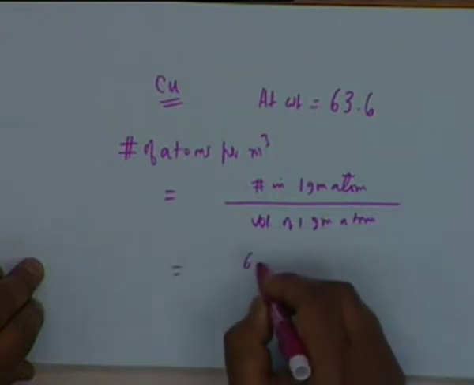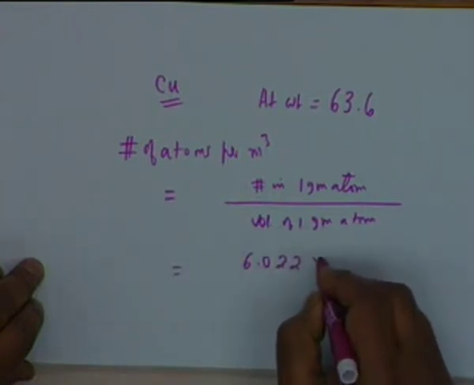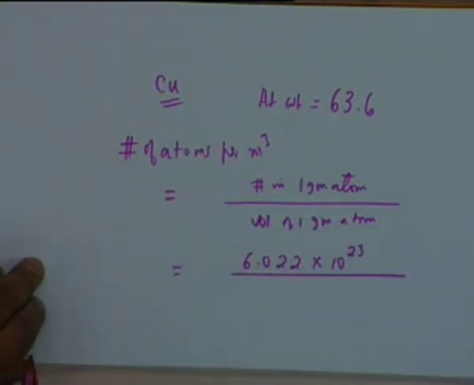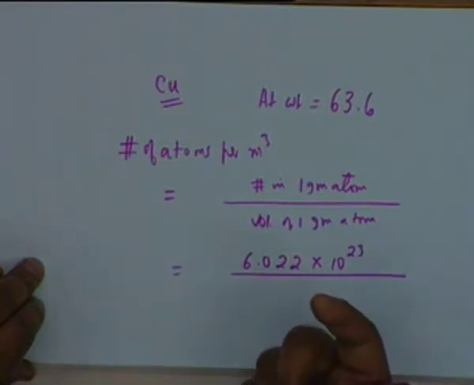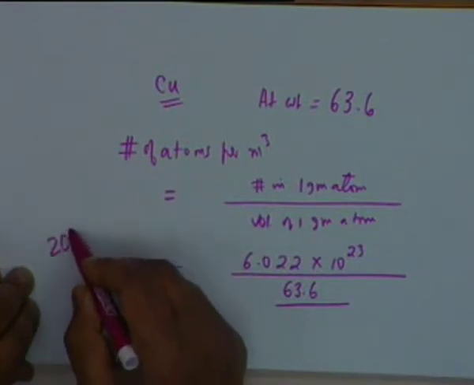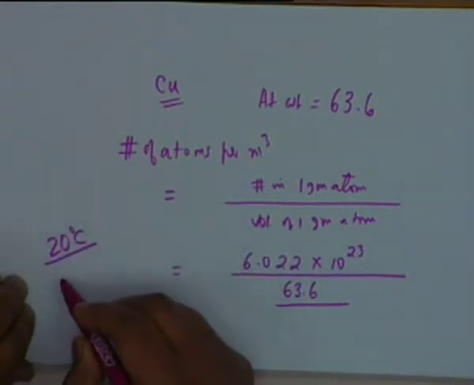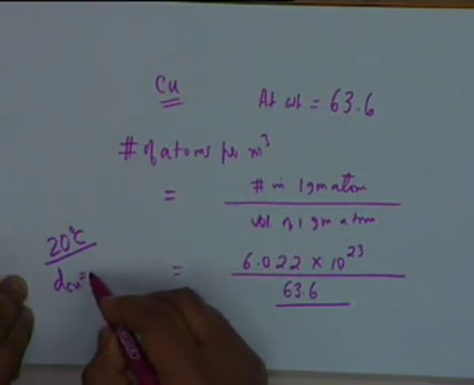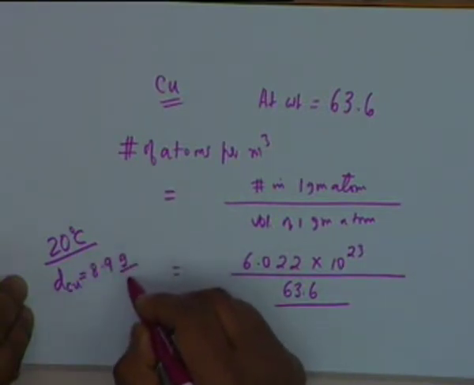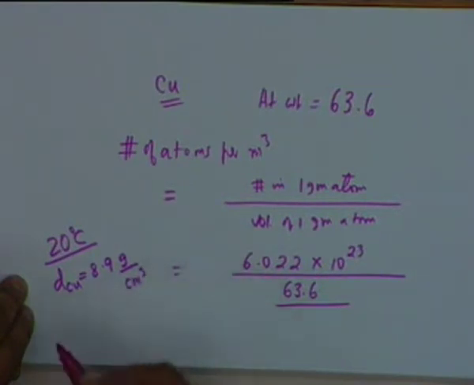Now this number is 6.022 times 10 to the 23, and the volume is mass divided by density. The mass of 1 gram atom is the atomic weight expressed in grams. Therefore this is 63.6, and at 20 degrees C the density of copper is 8.9 gram per centimeter cubed.